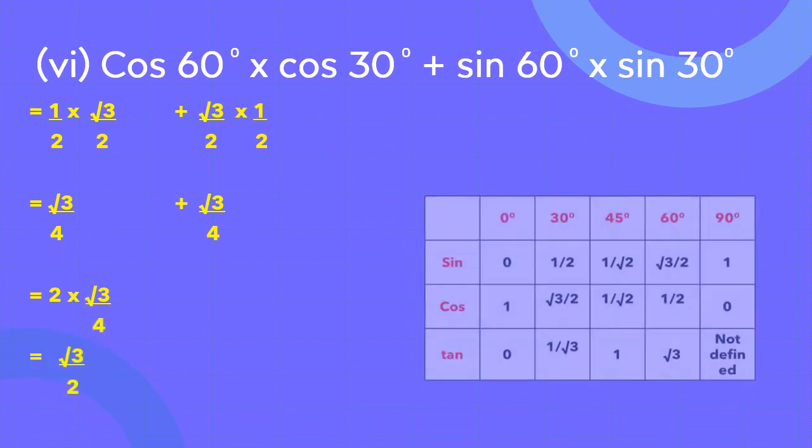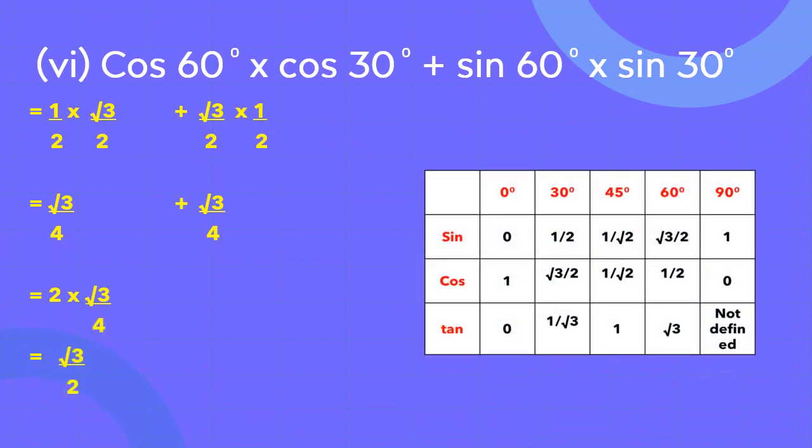What I have done is, cos 60 is 1 upon 2, and for cos 30 I have written root 3 upon 2. Similarly, sin 60 is root 3 upon 2, and sin 30 is 1 upon 2. So I've substituted all four values from the table.